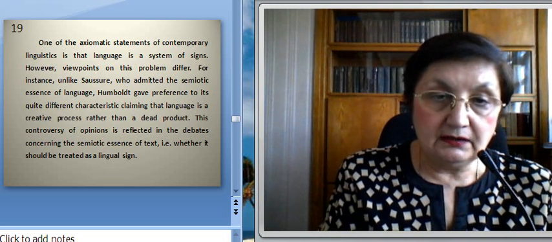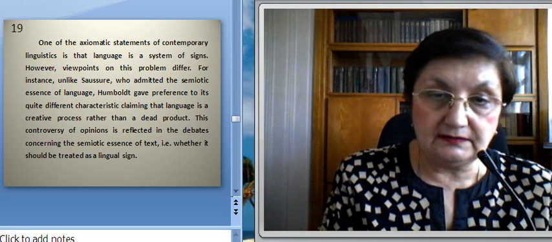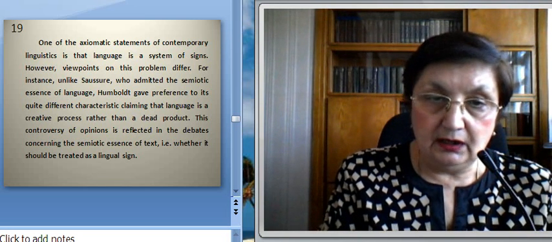Language, as a system of signs, is organized by the principle of hierarchy of levels.